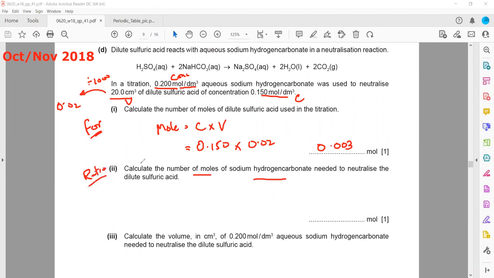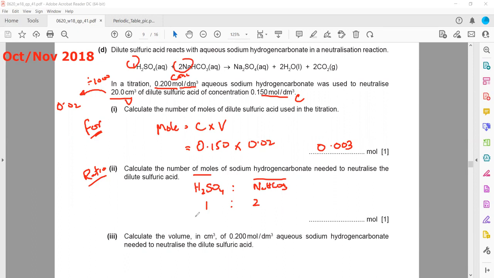We always take a ratio between the quantity which we have and the quantity which we want to find. We have sulfuric acid, H2SO4, and we need sodium hydrogen carbonate, NaHCO3. The mole ratio according to the equation is 1:2.